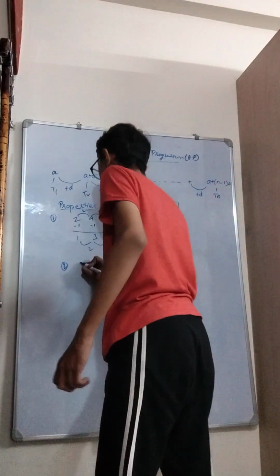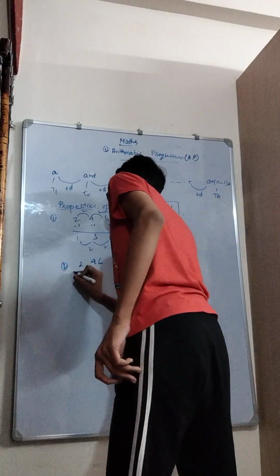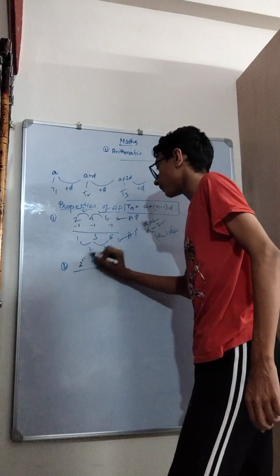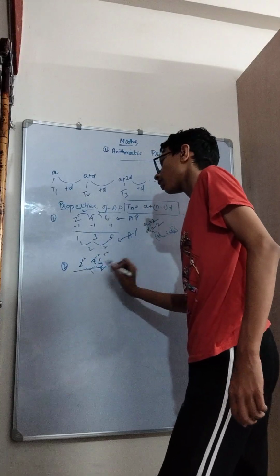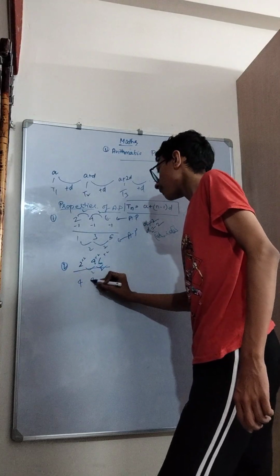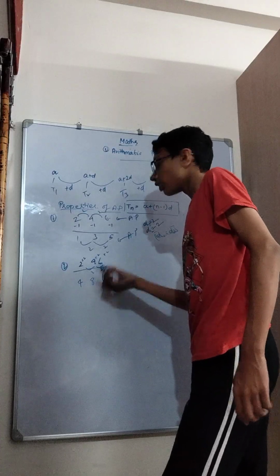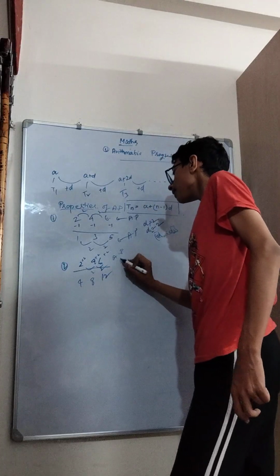So let's see if the difference is the same. I'll take the same AP and multiply each term by 2. The common difference is 2. So this is 4, this is 8, this is 12. Yes, this is also an AP.